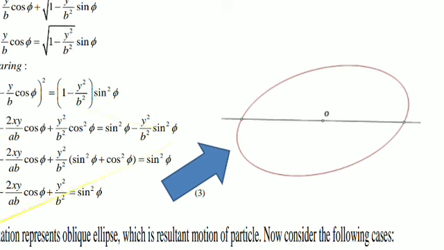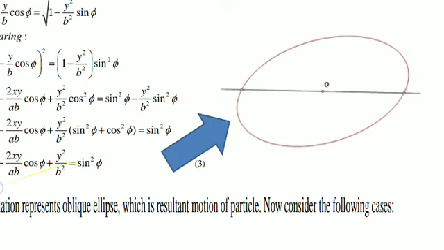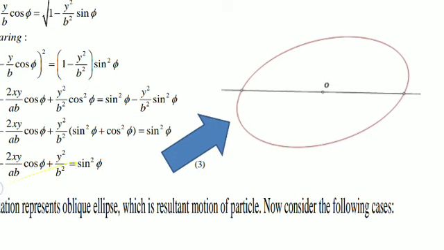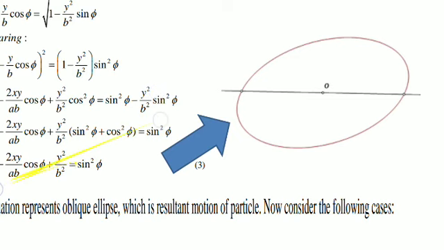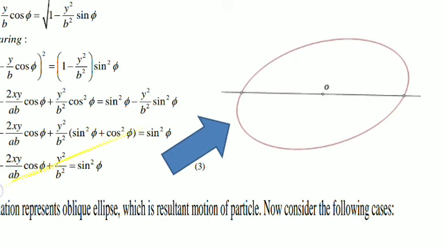Now what we can do? This x square by a square. You see, if you look at this particular equation, if this y square upon b square into sin square phi is taken into the left hand side, then what will happen? This minus sign will become plus. And this y square by b square will be taken common, and in the bracket we will be having sin square phi plus cos square phi.